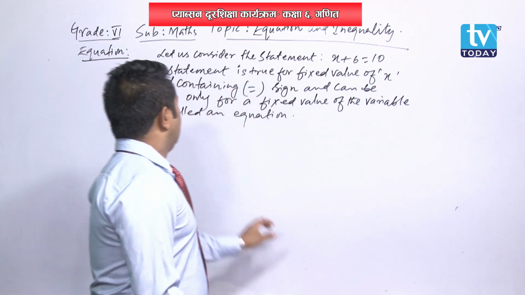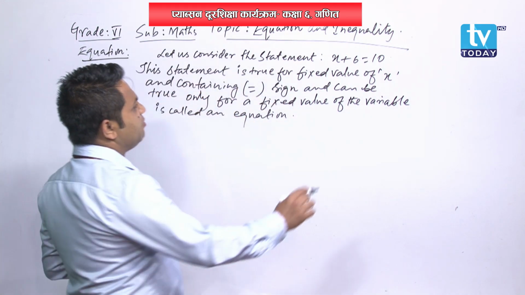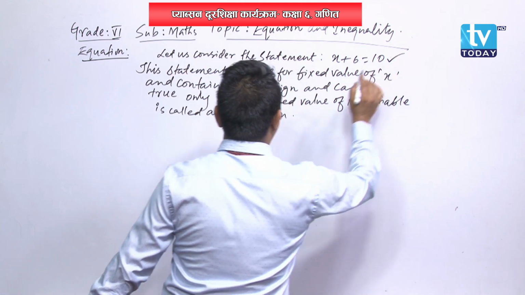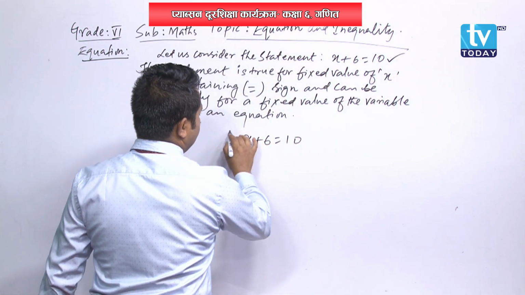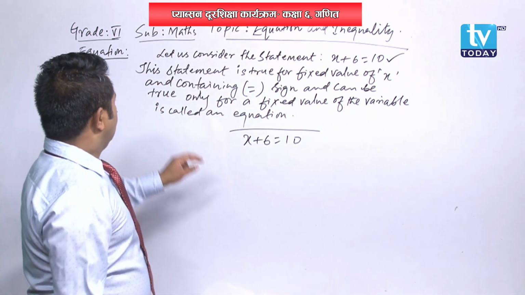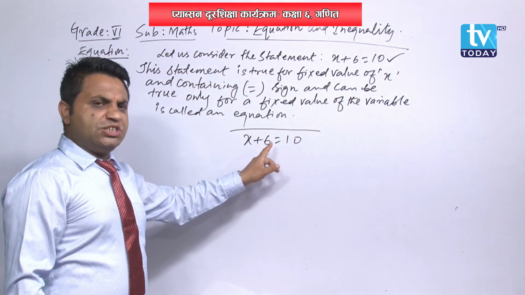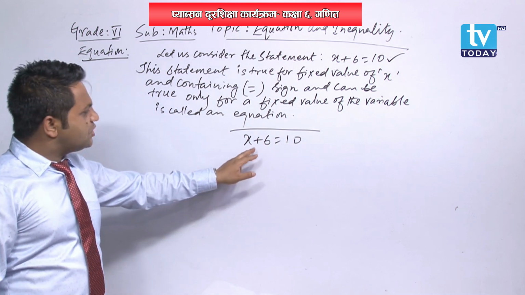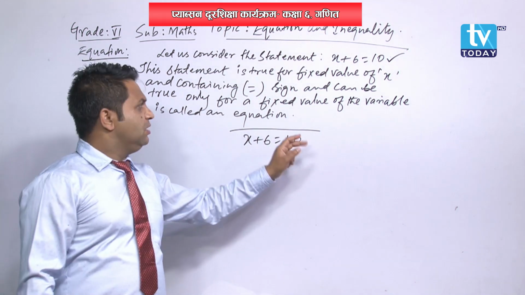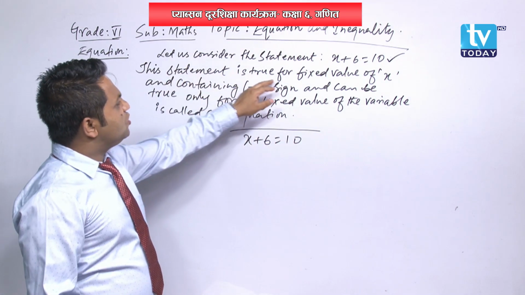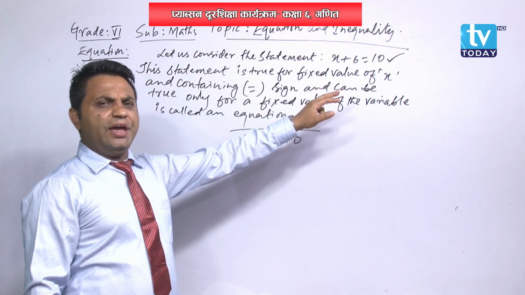Let us consider the statement x plus 6 equals 10. We are considering this equation x plus 6 equals 10. This is a mathematical statement. This statement is true for a fixed value of x.